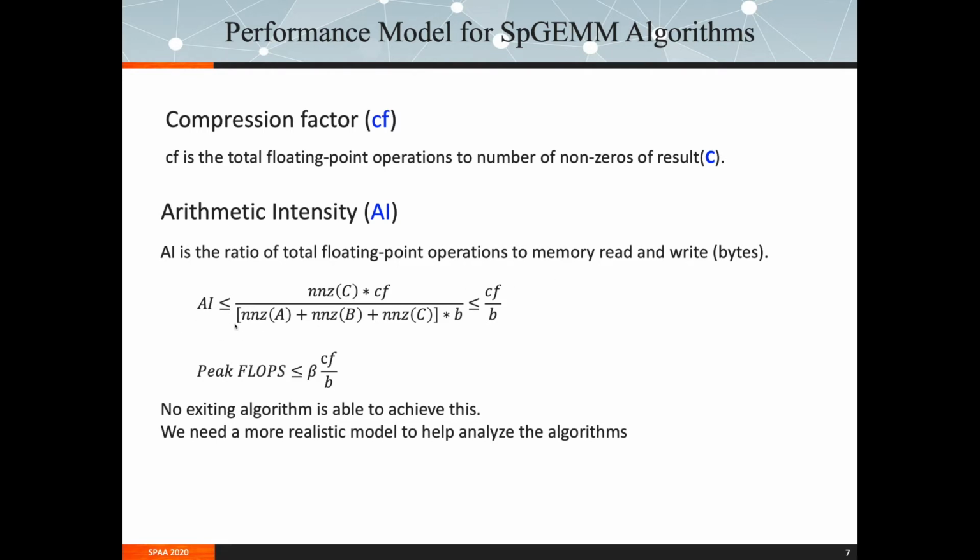Because we are multiplying two matrices, the minimum requirement for memory movement is to pull A and B out of the memory and write C to the memory. So the AI should be smaller than or equal to CF over B. Given a machine with bandwidth beta, we can assume that the peak performance in flops should be smaller than or equal to beta times CF over B.